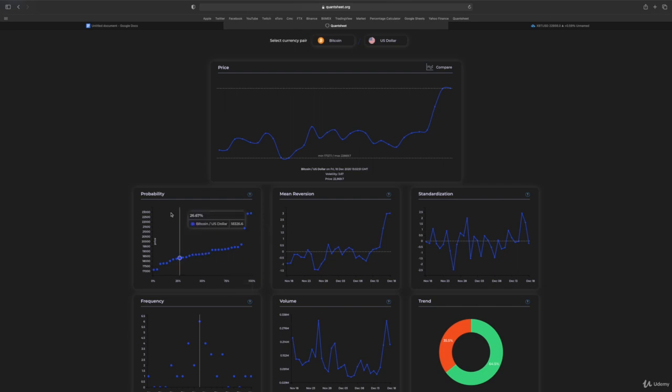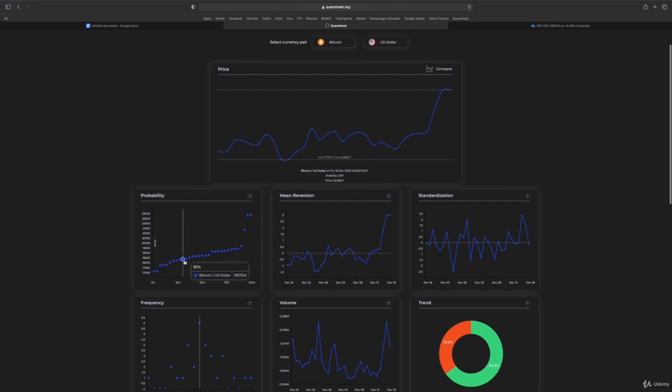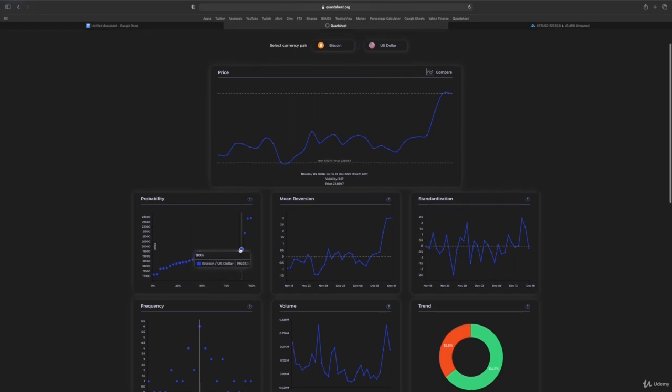But just based on these 30 days, you know that we are very overextended. Even if you take a look at these dots, you see that these dots are normally spread out, right? But in the last few days, look at the spread. 90% was 19,600 and 93% was 21,000.